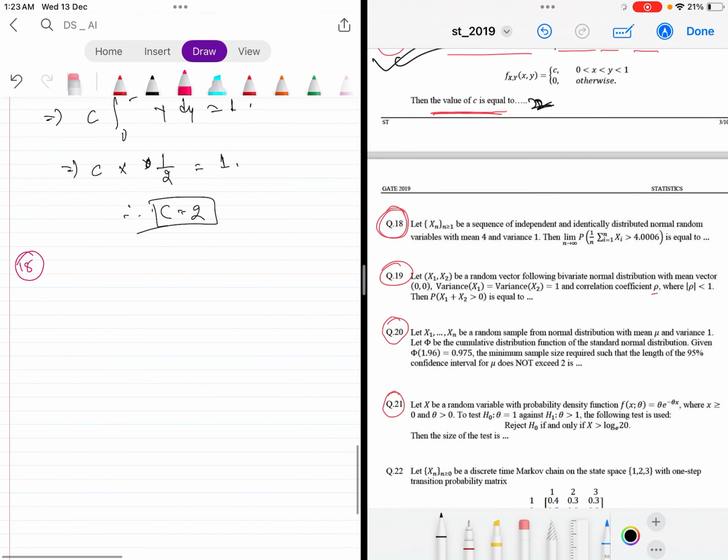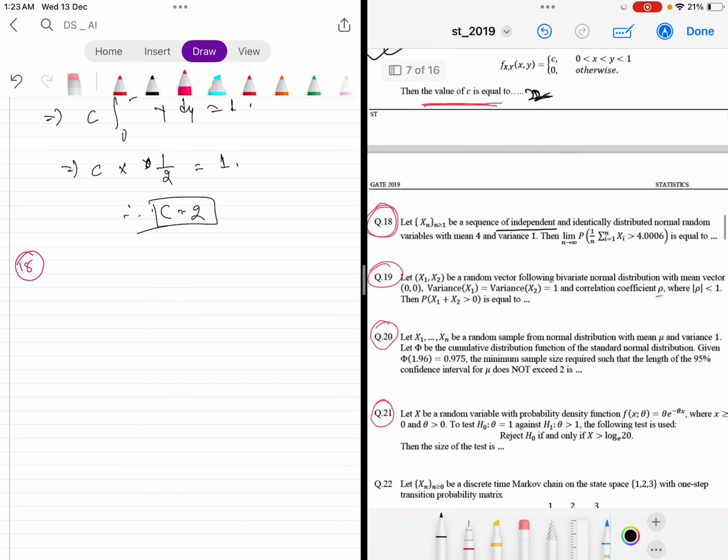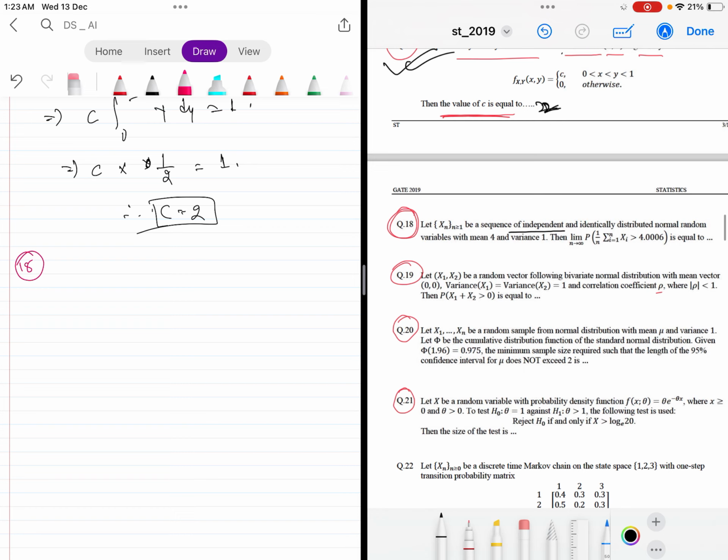Okay, so we are given that Xn is a sequence of independent and identically distributed normal random variables with mean 4 and variance 1, where n is greater than or equal to 1.